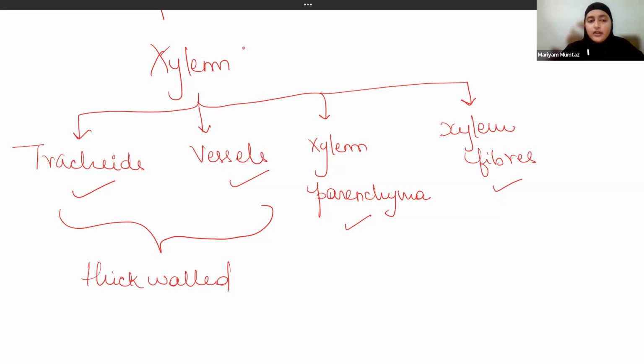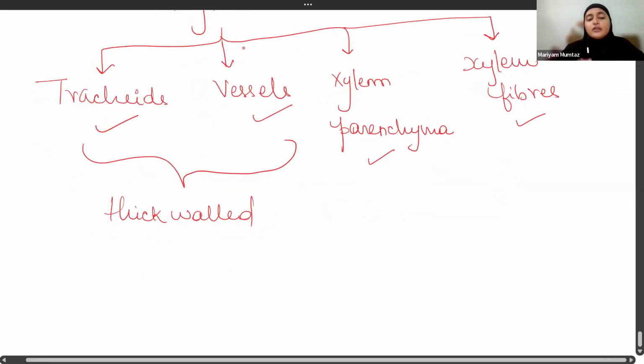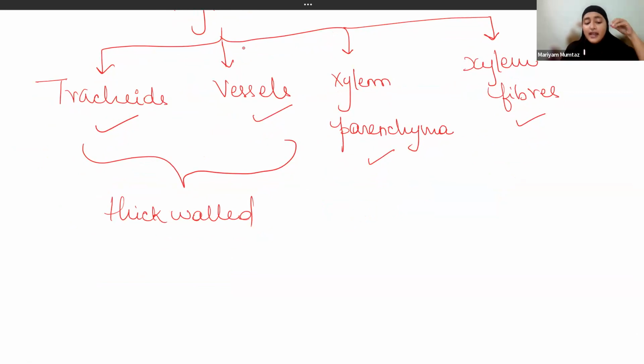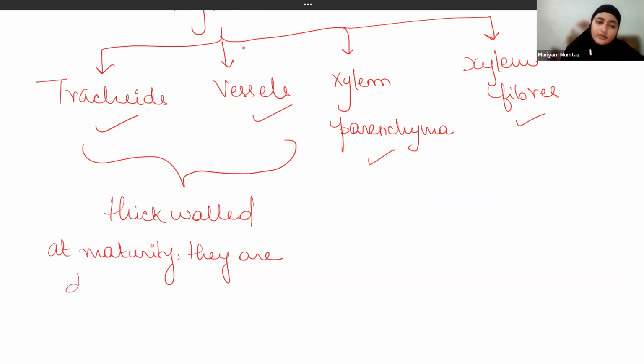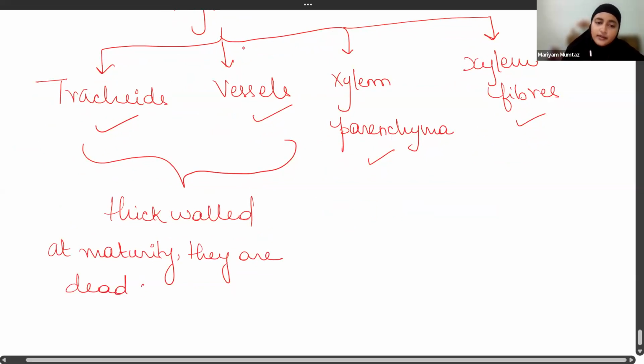Okay. So talking about the tracheids and the vessels, they are thick walled. Okay, they have a very thick wall and they are dead cells when they mature. So at maturity, they are dead cells.